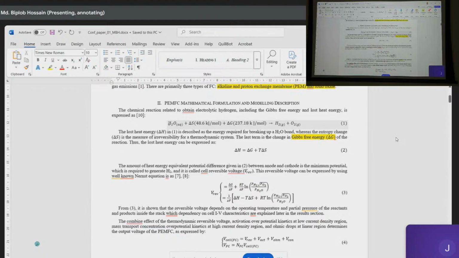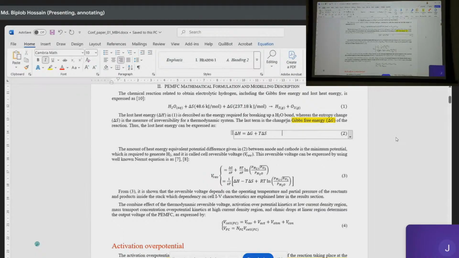Here we can see the entropy part, and this is the Gibbs free energy equation in terms of mole. From these equations, we can write the Gibbs free energy in this way, in equation 2 you see.